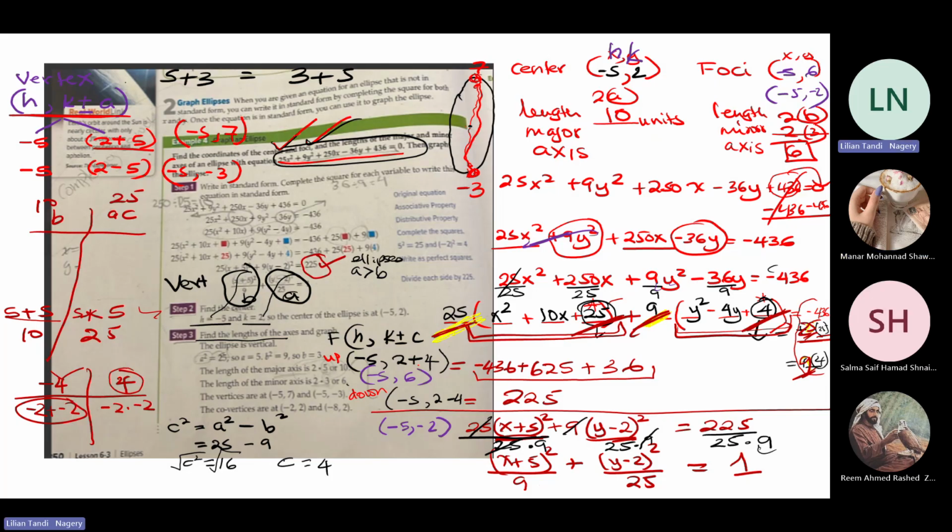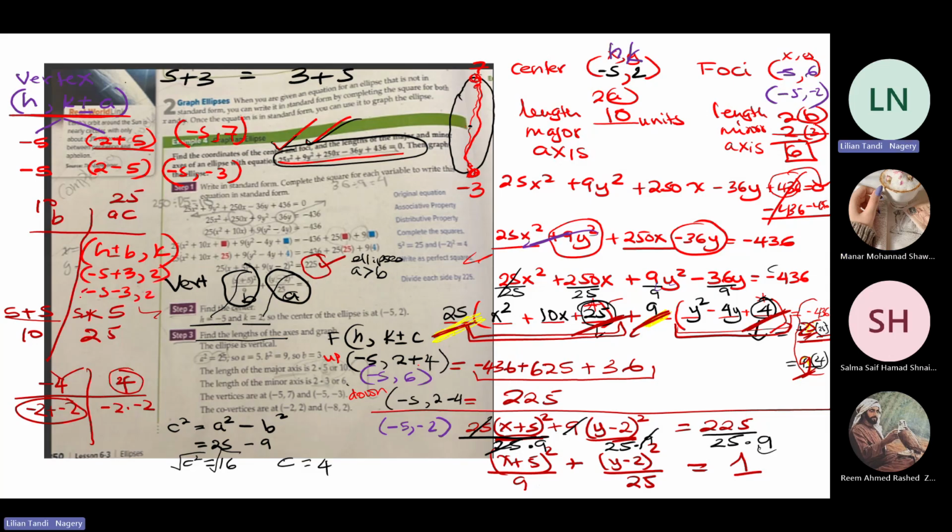The Kanun for the covertex, when you have a vertical ellipse, is H plus or minus B, comma K. Do we understand? So this will be -5 plus, how much was B? 3. And -5 minus 3, and your K was 2.